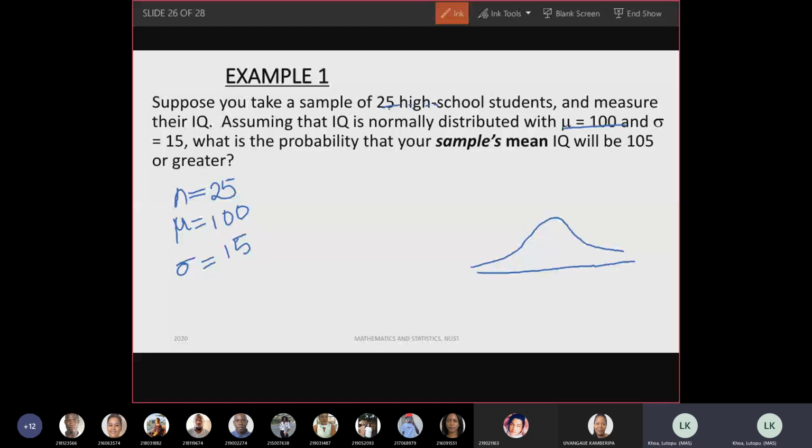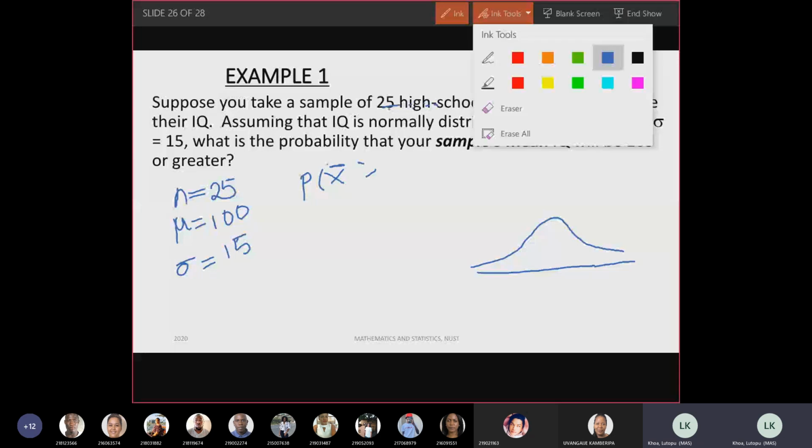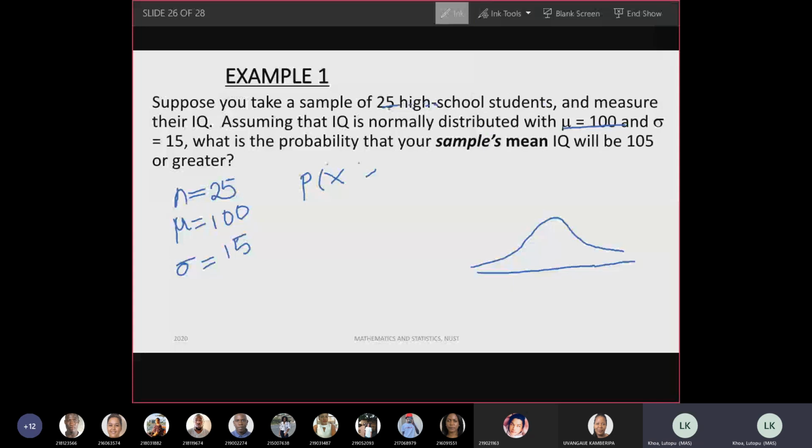So here what I'm actually asking you is, what is the probability that x bar is greater than or equal to our 105 over here?